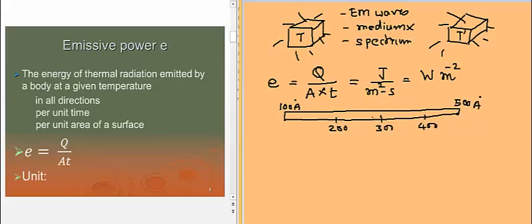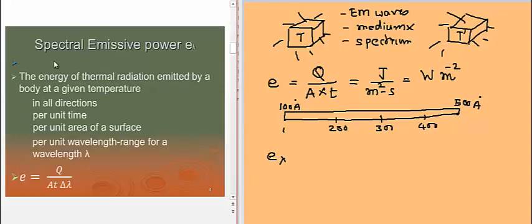This entire wavelength range is being emitted, and now I'm interested in knowing the thermal radiation emitted between this particular range or this range or this range. To measure that, I introduce another term, E lambda, which is known as the spectral emissive power. It is basically the same thing, Q by A by T, but I also take per unit wavelength range, delta lambda.